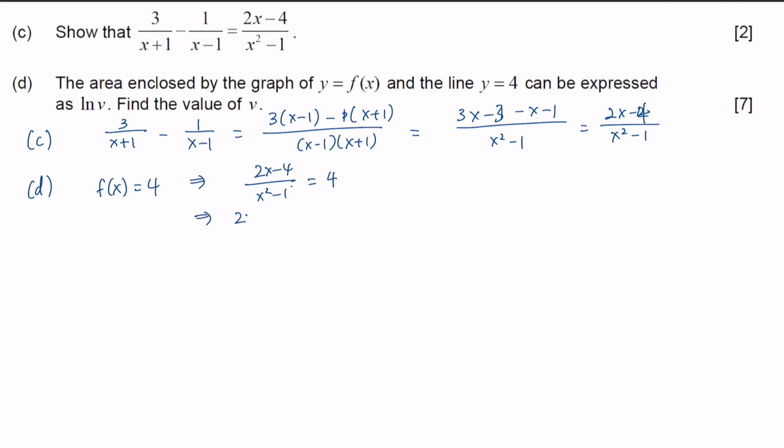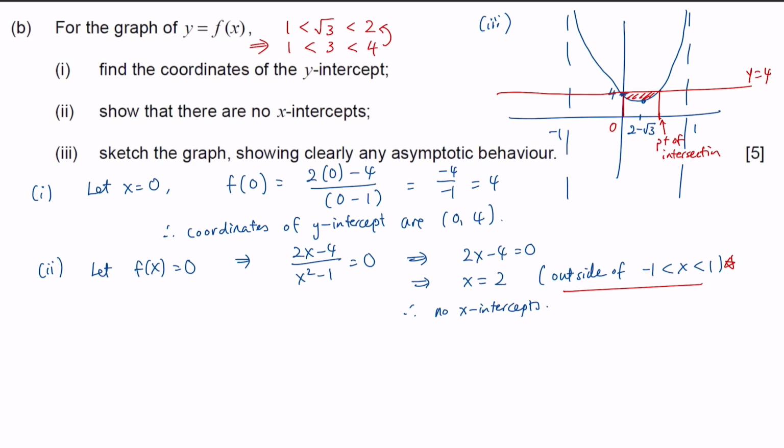So therefore 2x minus 4, I can solve it to be 4x squared minus 4, 4x squared minus 2x equals to 0, so 2x times 2x minus 1 equal to 0, so x equals to 0 or x equals to half. And so from the graph you can see that x here, the one that I'm trying to find, has to be half, okay, because 0 is already on the other side. So the two limits of the area under the curve is actually 0 to half.